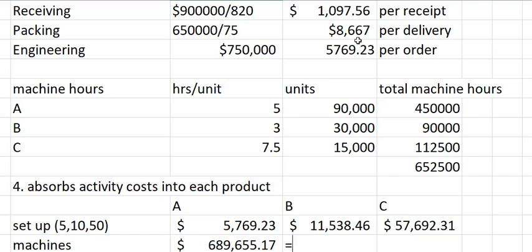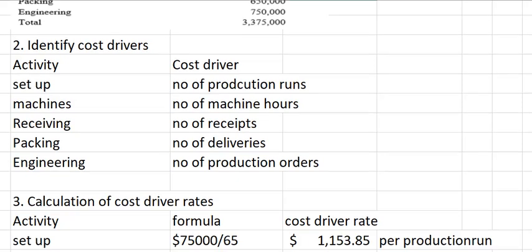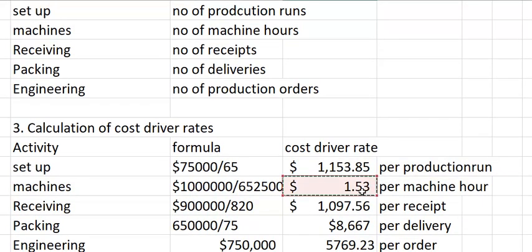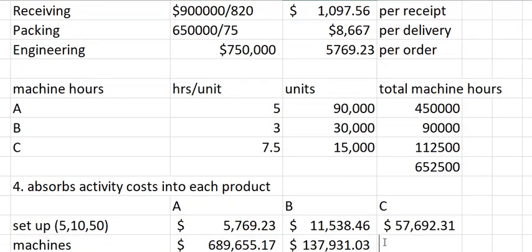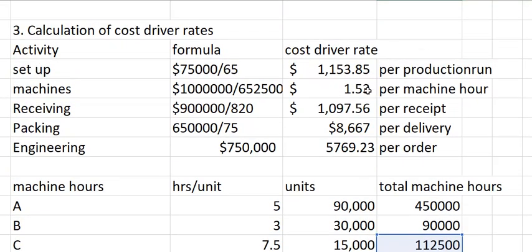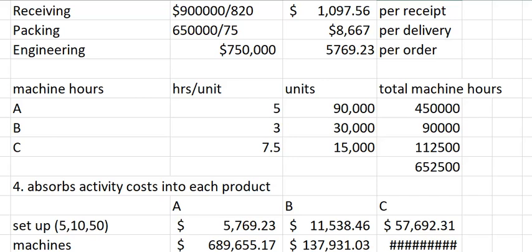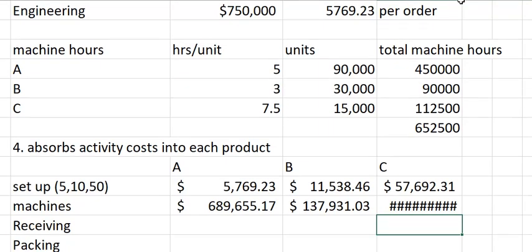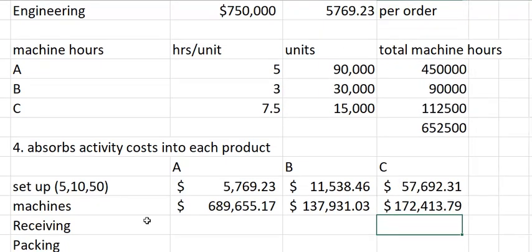And here it will be 90 times the cost driver for machine 1.53. Then on C will be this times that. I hope we are following. Okay, so that's done.